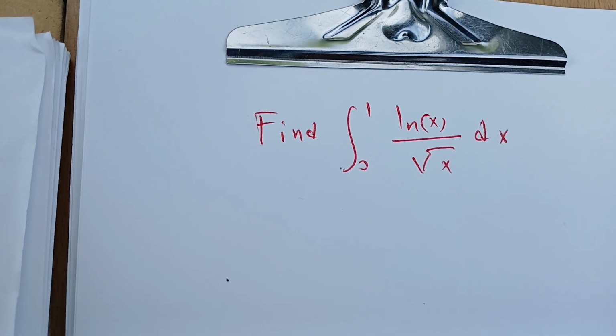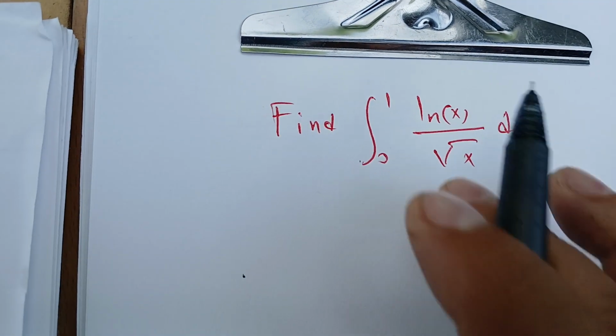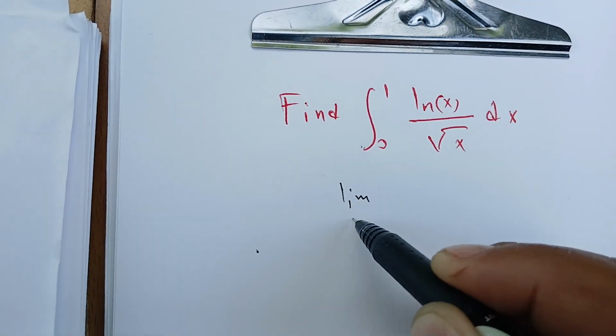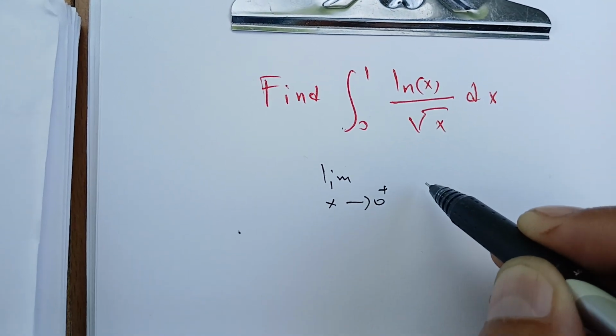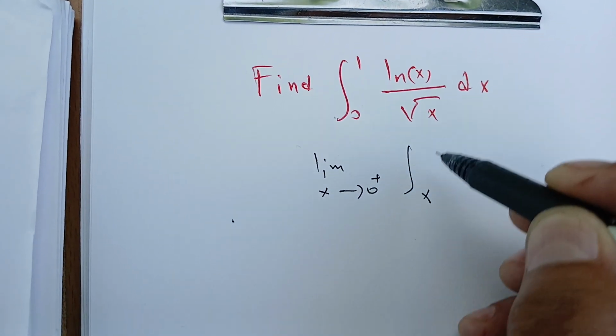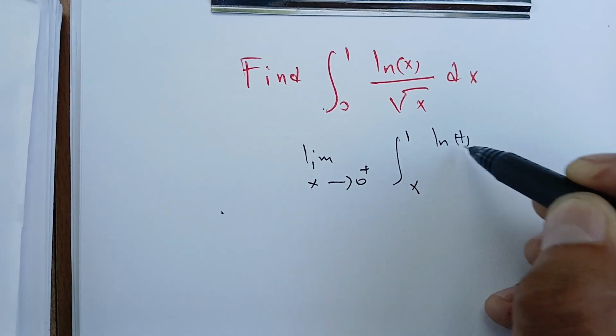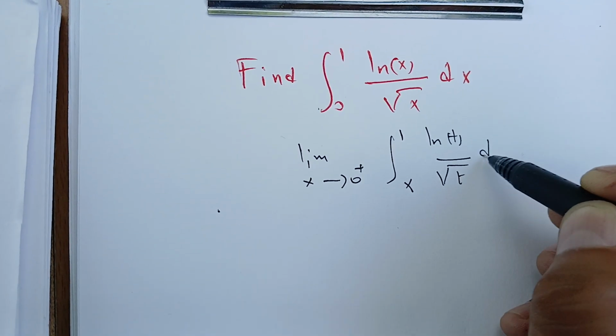Okay, we can solve this one by just taking the limit as x goes to 0 plus of this integral. Let's call it between x and 1 of ln of t over square root of t dt.